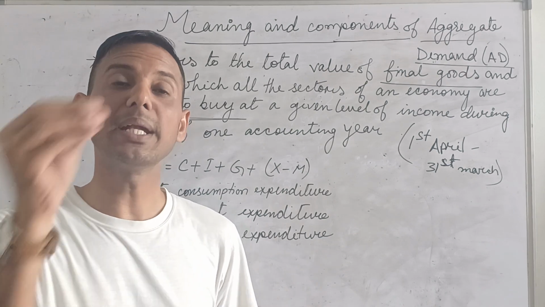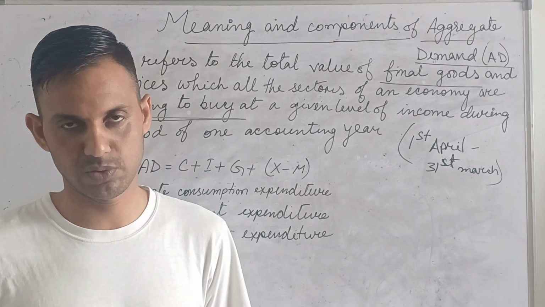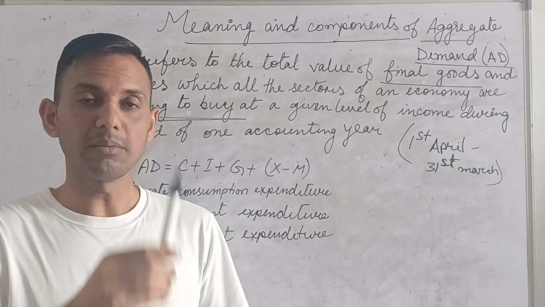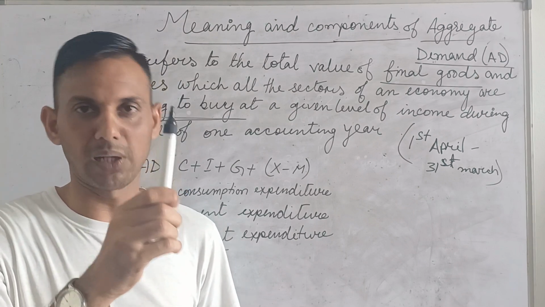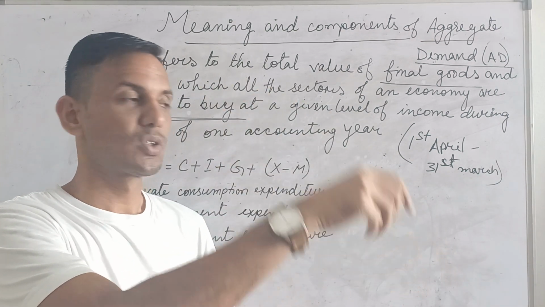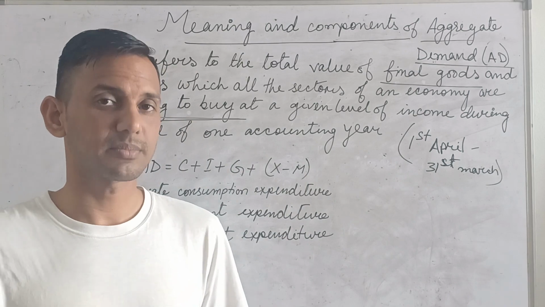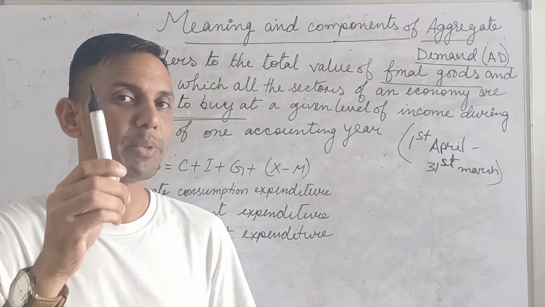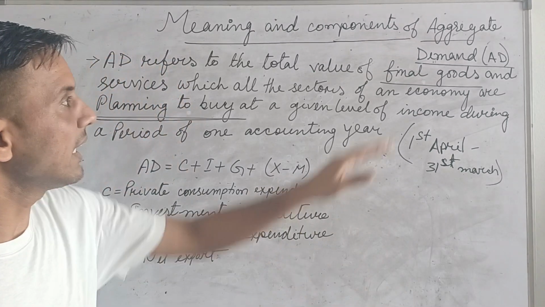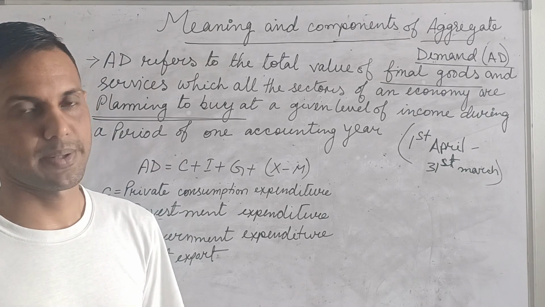So that's why aggregate demand is called the aggregate expenditure also. Is it clear? So when I give this 20 rupees, then that seller will give me that marker. So my demand is what? Expenditure. So that's why aggregate demand is also called the aggregate expenditure.